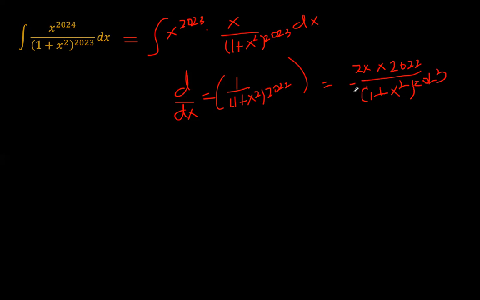So essentially, this part here is the same as the derivative of negative 1 over 4044, because we want to cancel this constant here.